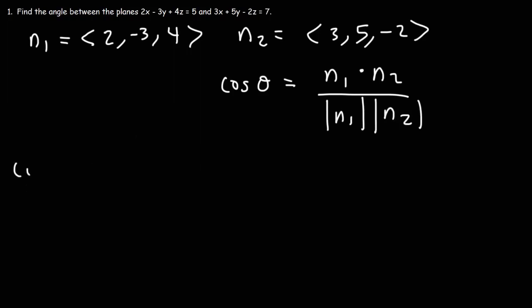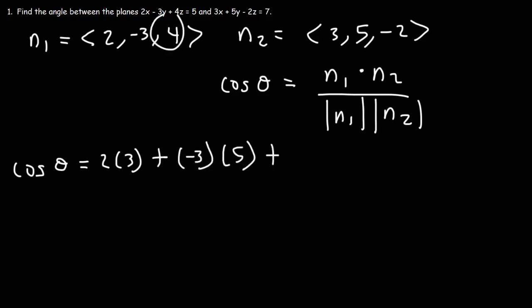So let's begin by finding the dot product of the two vectors. To do that, we need to multiply the x values, the y values, and the z values together. So it's going to be 2 times 3 plus -3 times 5 plus 4 times -2.